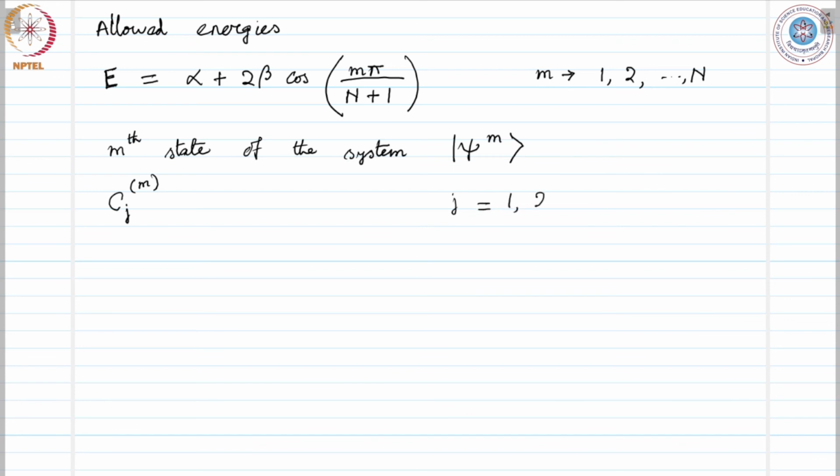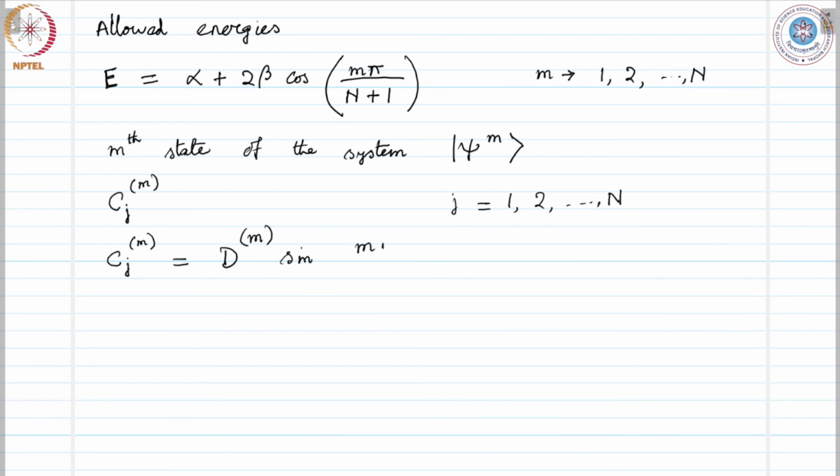So, in order to determine the state vector, we need to determine the coefficients of the basis elements, and in order to determine that, we want to find out this arbitrary constant d at this stage.